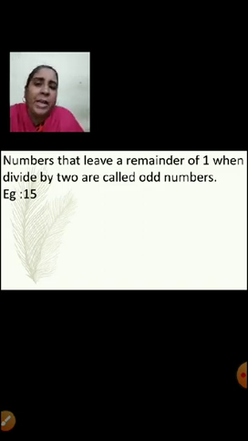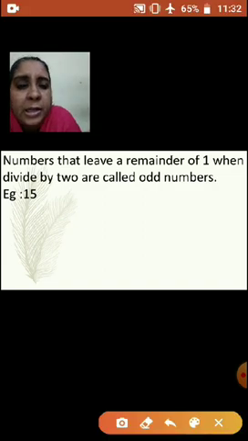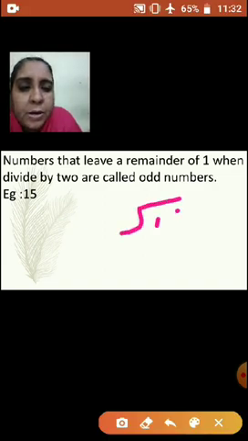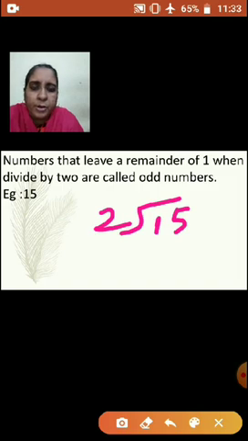Means when we divide any number by 2 and you get a remainder, okay, 1 or any other number, then that is called an odd number. Let us see 15. If we divide 15 by 2, do you get 15 in table of 2? No. So what will we do?